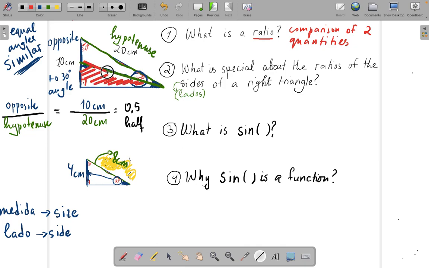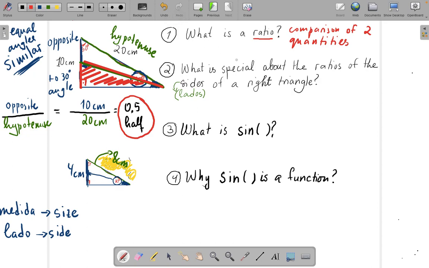Ahora tengo una nueva hipotenusa y diferente lado opuesto. The ratio, la comparación entre estas dos cantidades no será igual a 0.5, va a cambiar. Okay? So the ratio depends on the angle. The ratio depends on the angle. So esta cantidad, this quantity here, a ratio, okay, depende del ángulo del triángulo recto.